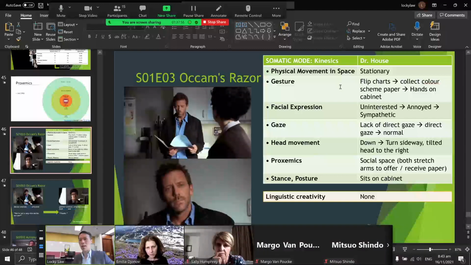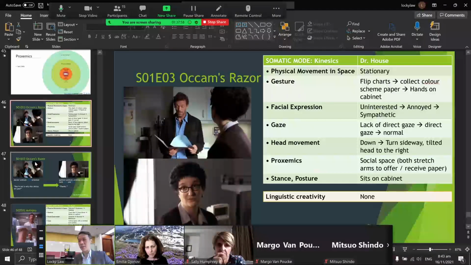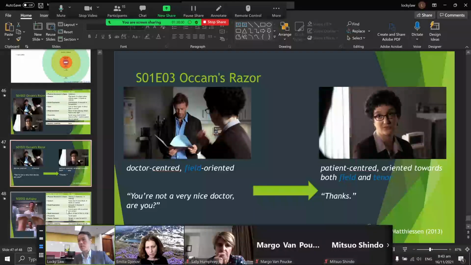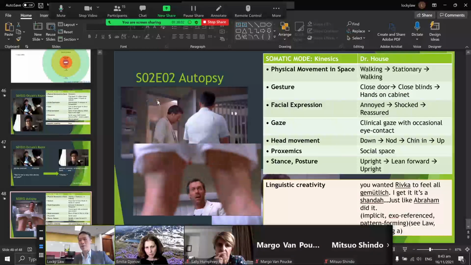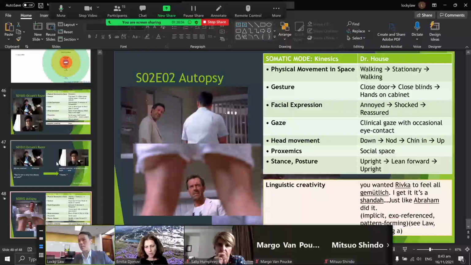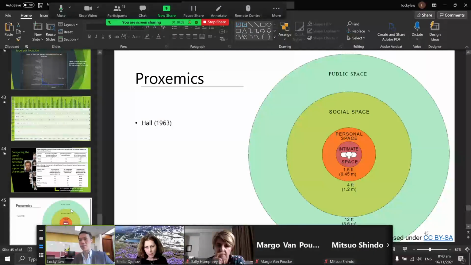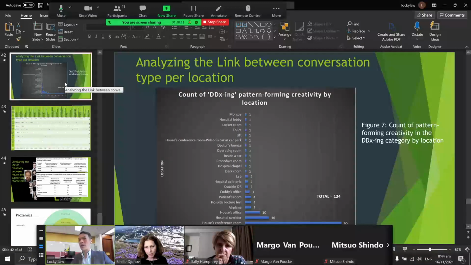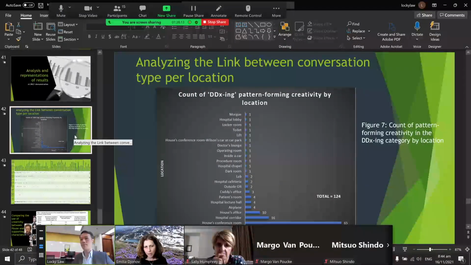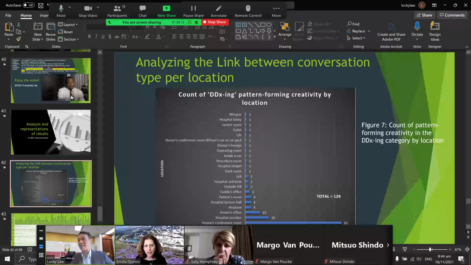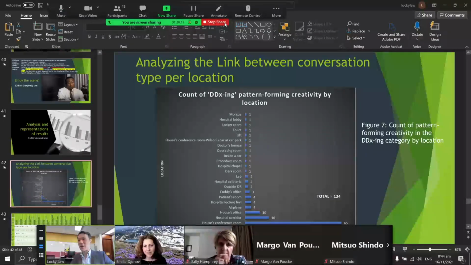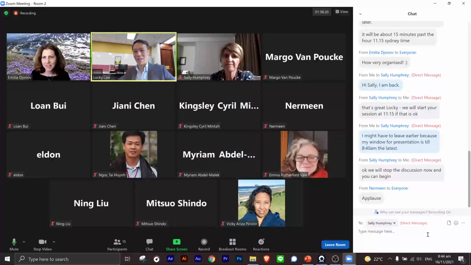I analyze specific scenes from the television drama, with various modes and interpersonal meanings. I also look at proxemics, and a lot of that is documented, but obviously not mentioned in this particular talk. I'm sorry, I might not have enough time to explain, but it's already in some published articles that I showed in the reference list.